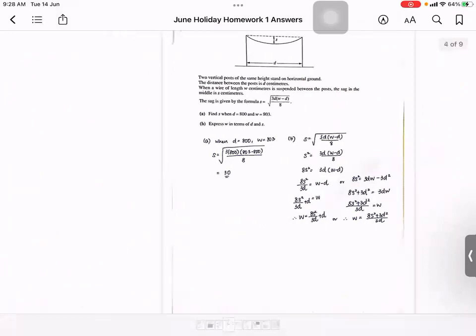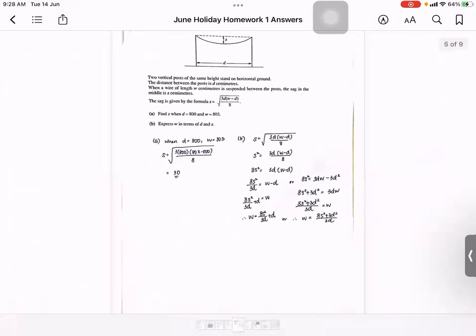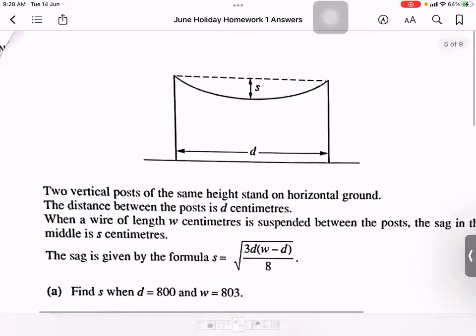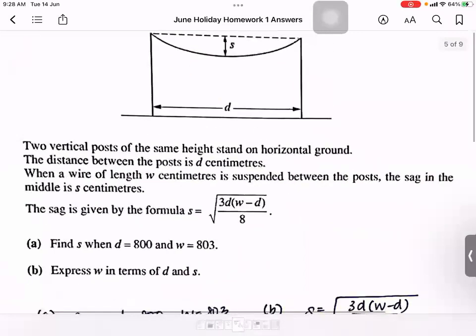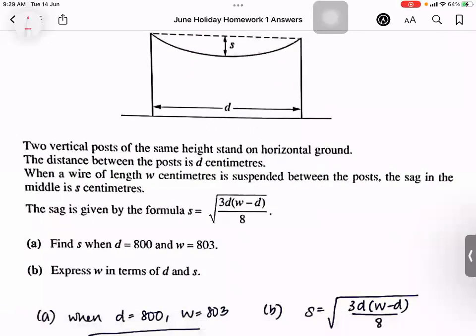Next question, this one, making this the subject. Again, the question just wants you to make something the subject, but they try to apply it into a story, a real life practical situation, but actually it's just changing the subject variable. So how do we do this kind of question? A few things to take note. Number 1, the opposite of square root is to square both sides.